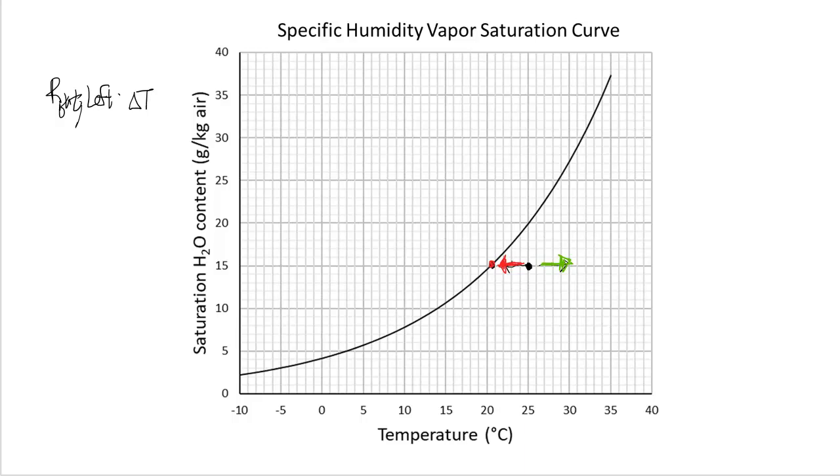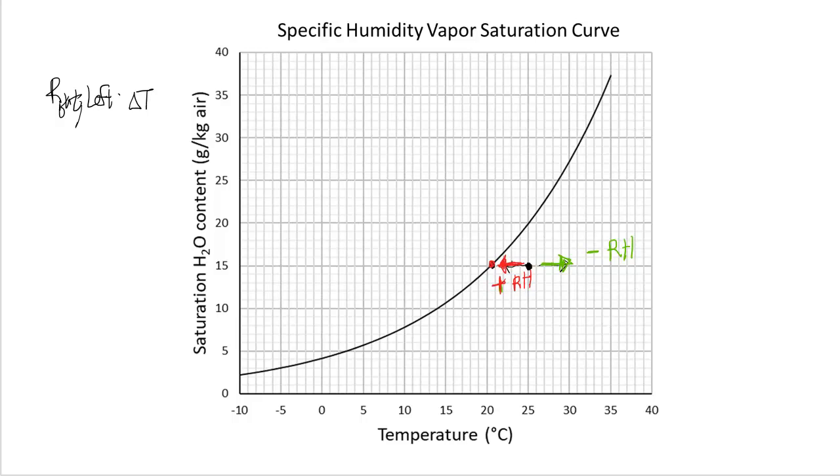And since the relative humidity is the ratio of those two things, the denominator is increasing, and so the relative humidity will decrease. So this is decreasing the relative humidity. In the other direction, we are increasing the relative humidity.